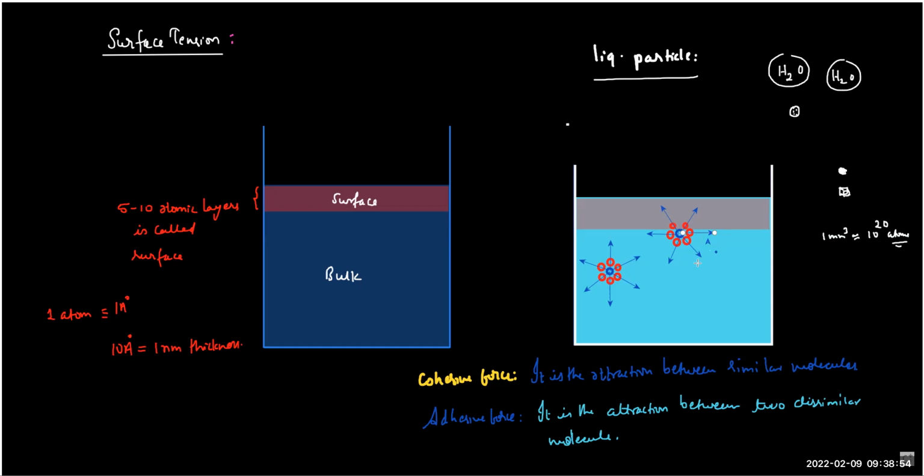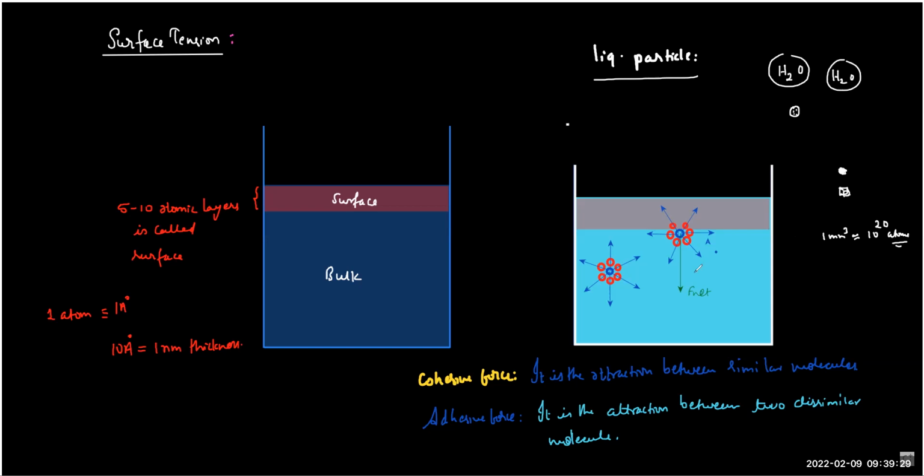So to be a part of the surface, you need to actually overcome the net attractive force. So I can show it here first. There is a net force acting downward, and any liquid particle that wants to be part of the surface has to go against this net attractive force of the bulk. Because you have to go against the force of attraction, that requires some work done.